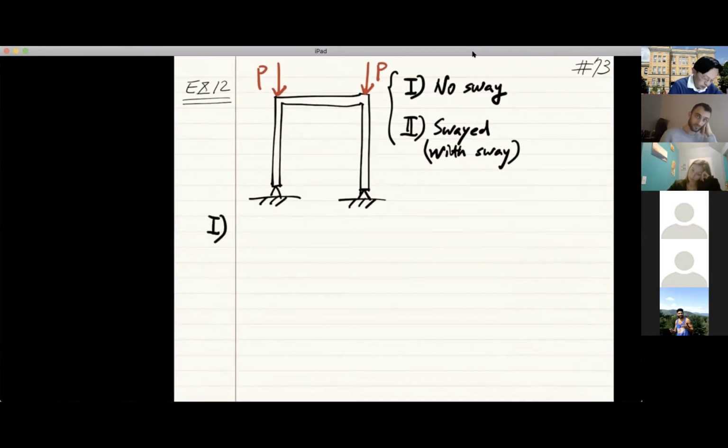In the first case, we will put an imaginary roller, something like this, because we said there's no sway. That means the deformation can only be symmetric. And your loading is like this.